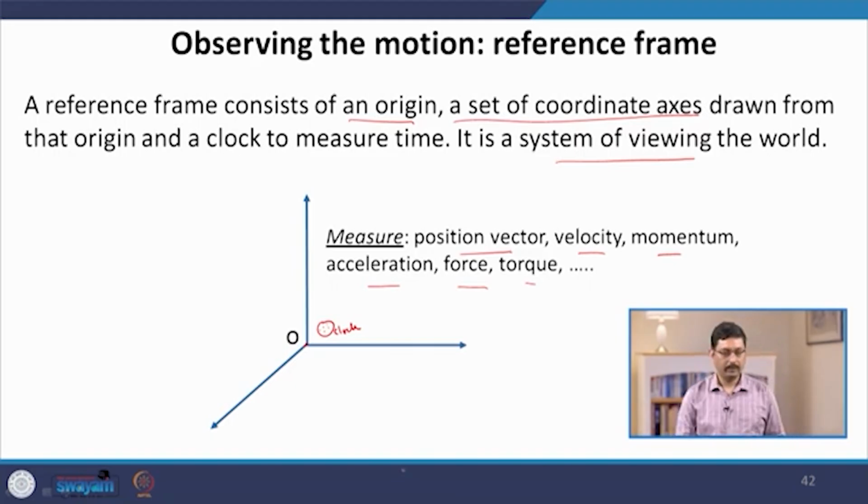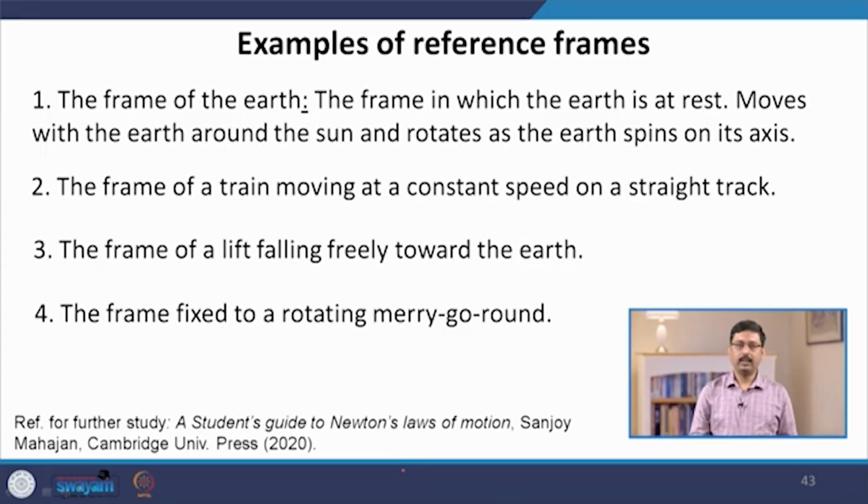This concept is sometimes not used explicitly, but whenever we analyze any mechanics problem, we are either explicitly or implicitly always working from a particular reference frame. Here are some examples. If you do not mention anything, that usually means you are working from the frame of the earth, meaning the frame in which the earth is at rest.